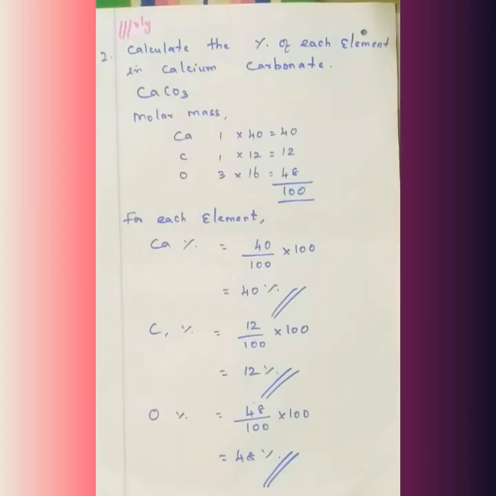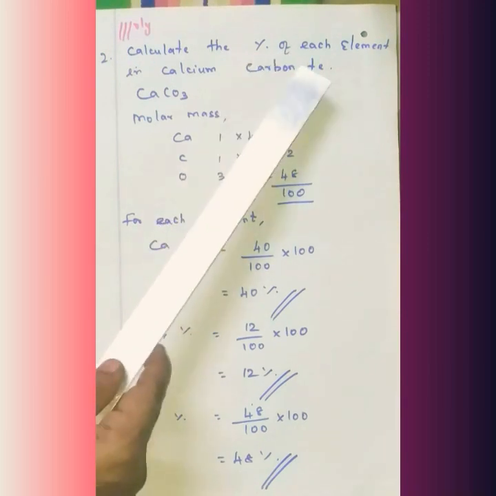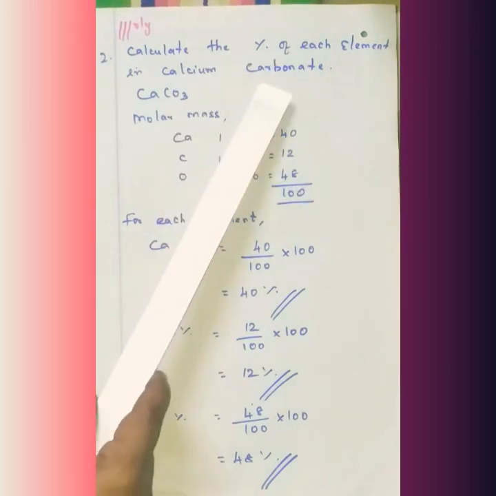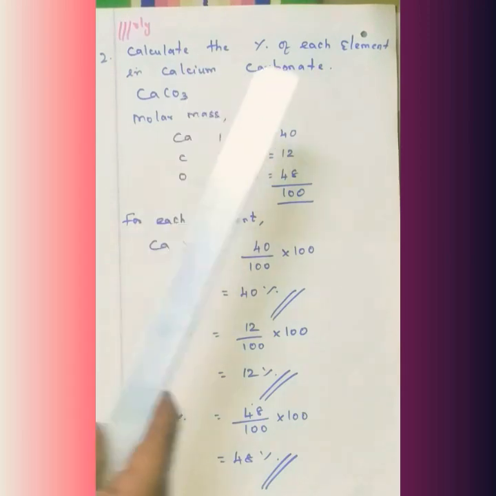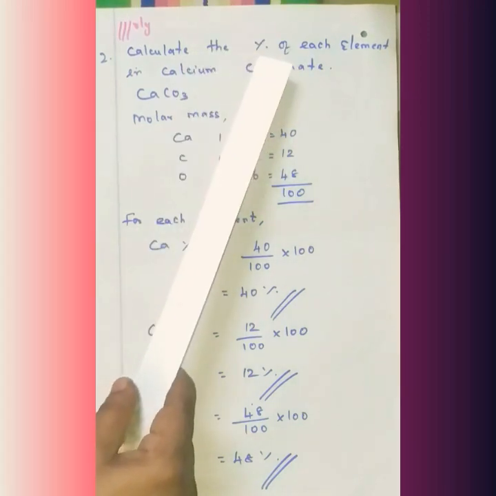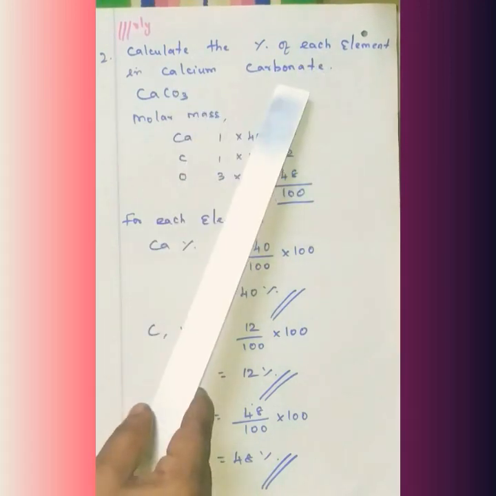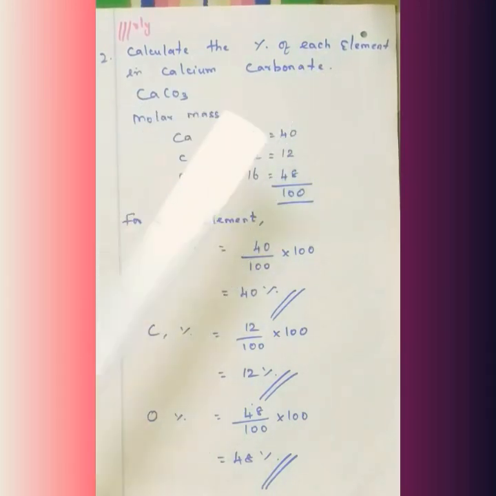Second example: calculate the percentage of each element in calcium carbonate. First we have to know the formula for calcium carbonate, CaCO3. First we have to find the molar mass, because in the formula, mass percentage equals mass of that element divided by molar mass.